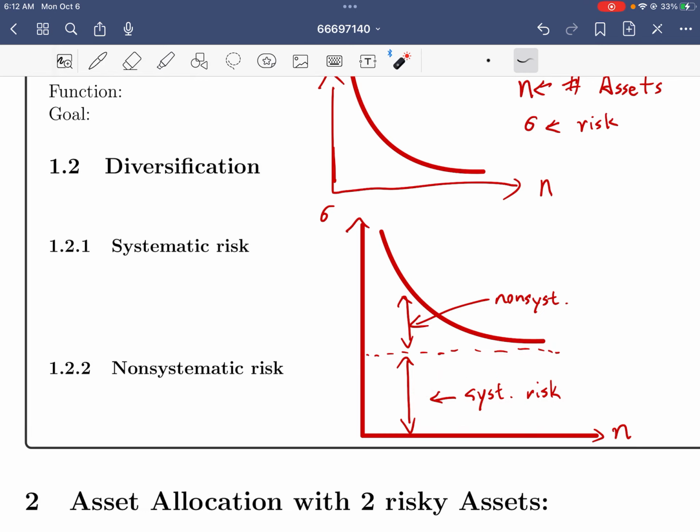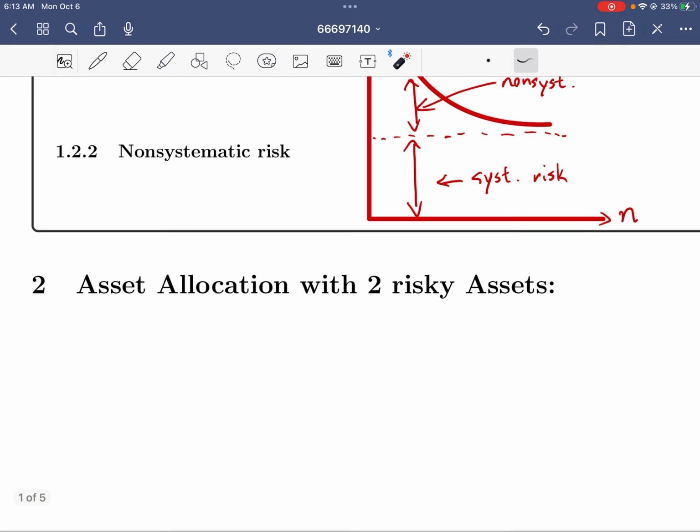It's non-diversifiable, so you can't eliminate this part. It always exists. But for the non-systematic risk, we also call it firm-specific risk, you can actually eliminate this part by adding more stocks into your portfolio. So this part you can reduce the risk, but this part you can't change.